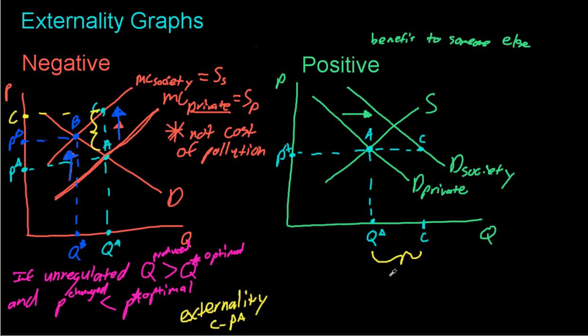So C minus QA is that distance right there, and that is the benefit, the amount of the positive externality.